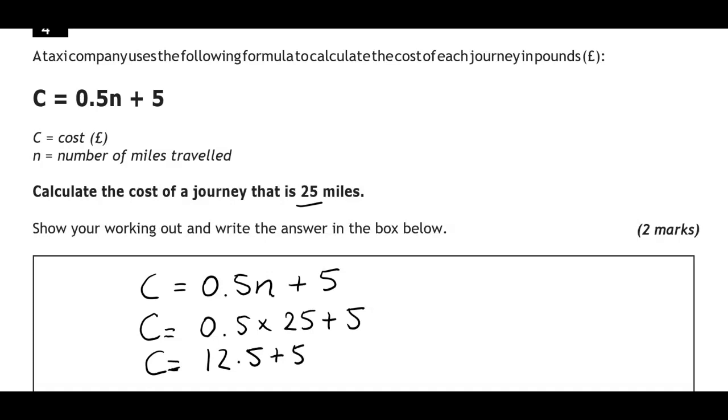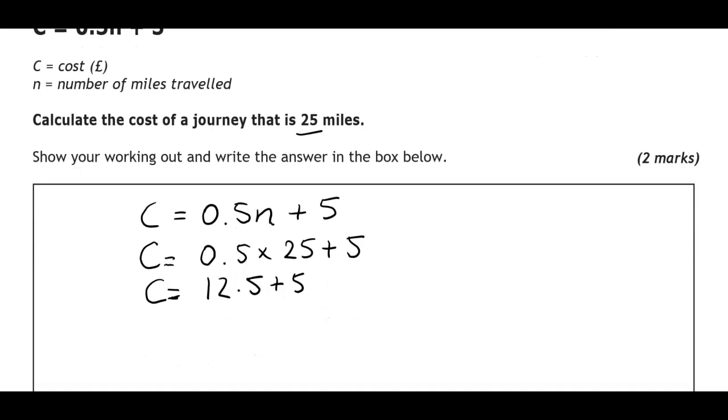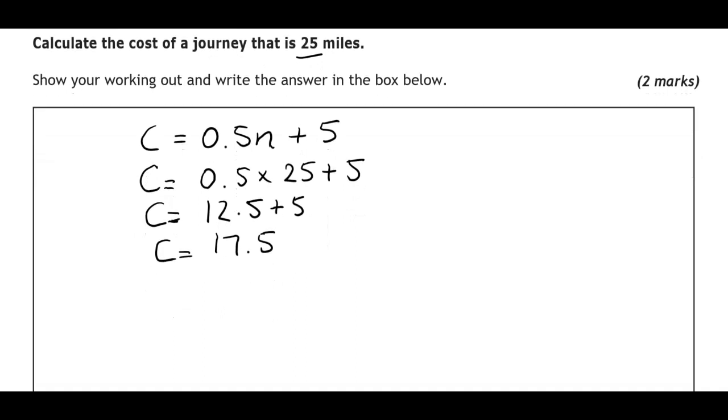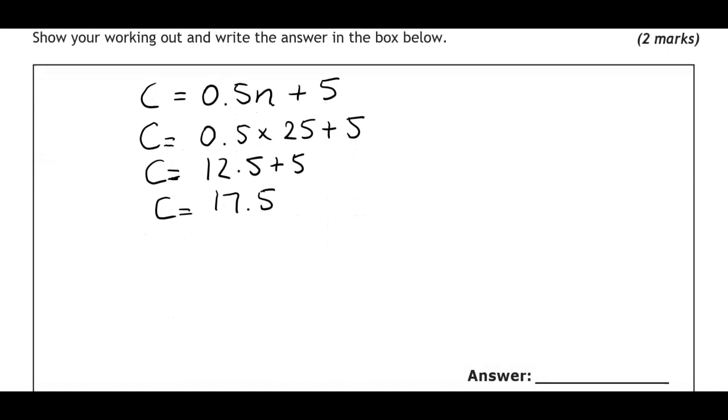Add the 5, so that gives us 17.5, and that is the cost in pounds. So we're going to write it as £17.50. We need to make sure we have the 0, so 2 digits after the decimal point when it comes to money.